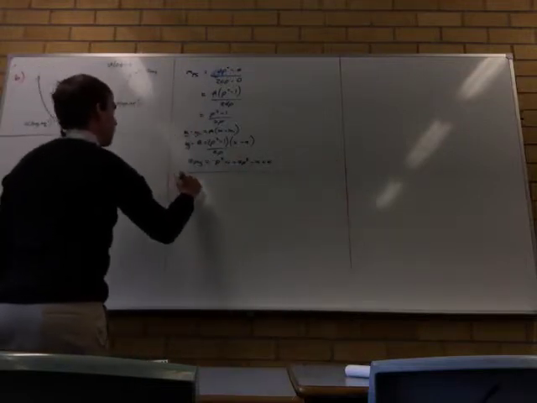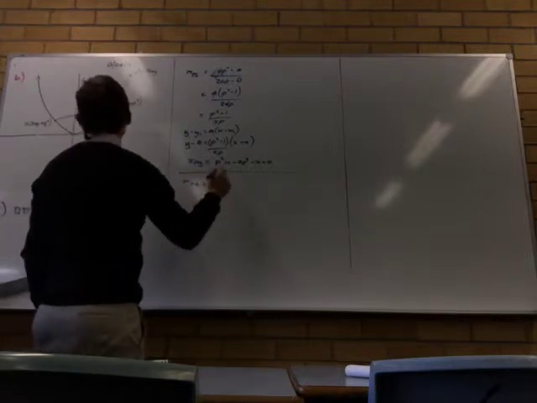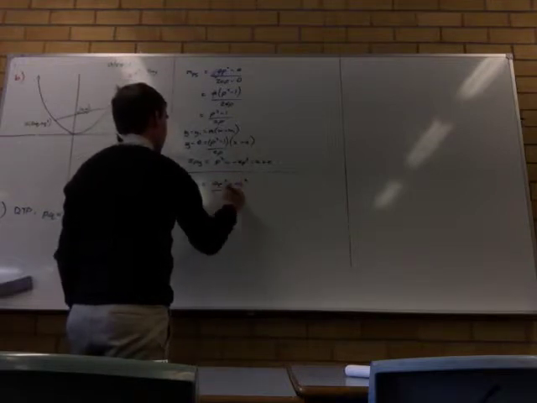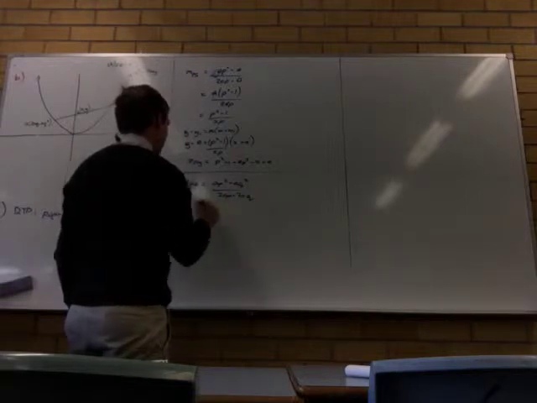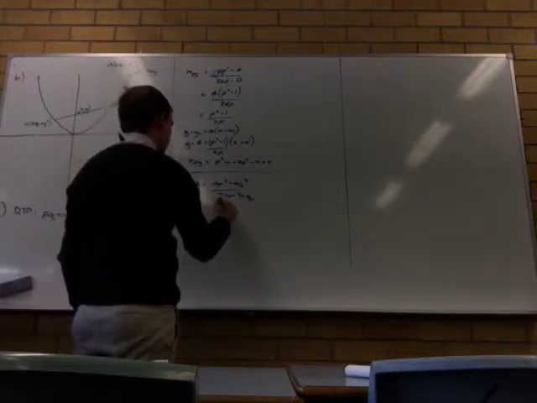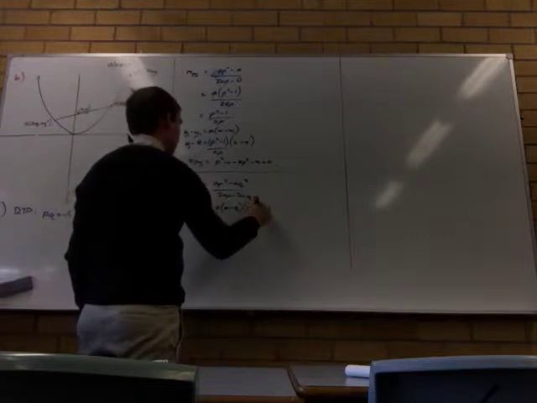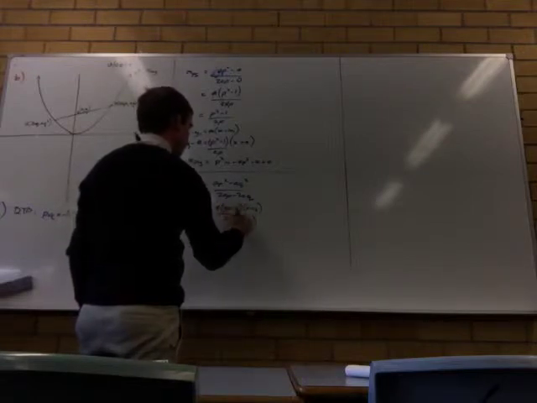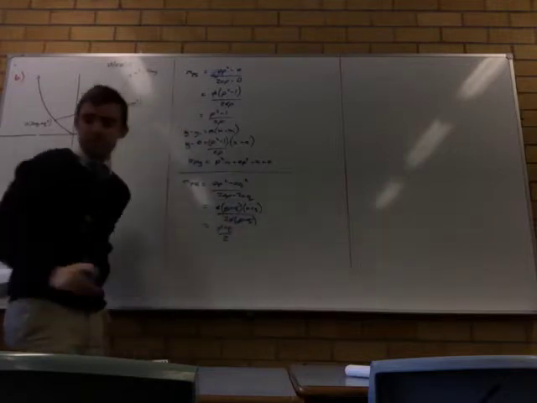Alright, let's start again. So gradient PQ is (ap squared minus aq squared) over (2ap minus 2aq), which is a(p minus q)(p plus q) over 2a(p minus q), which is (p plus q) over 2.